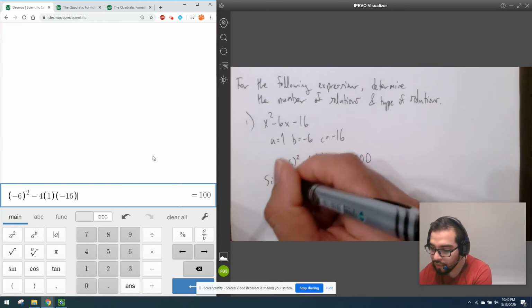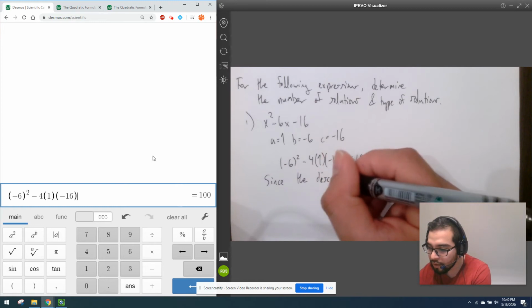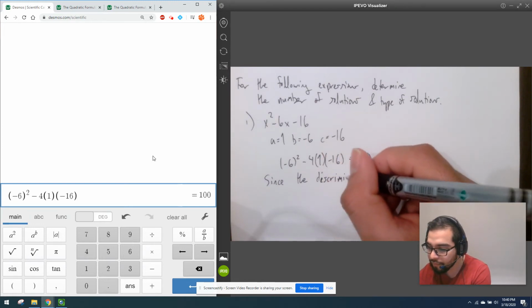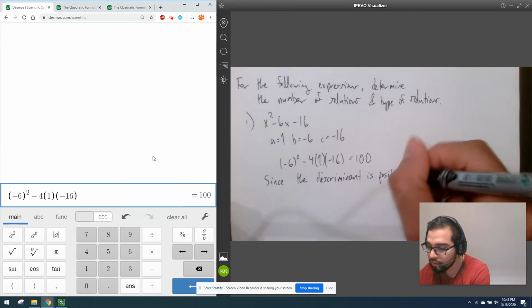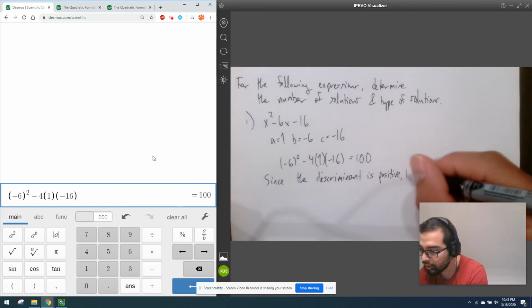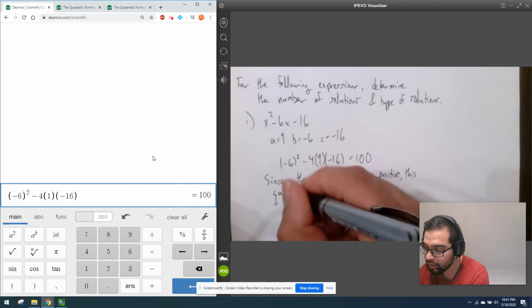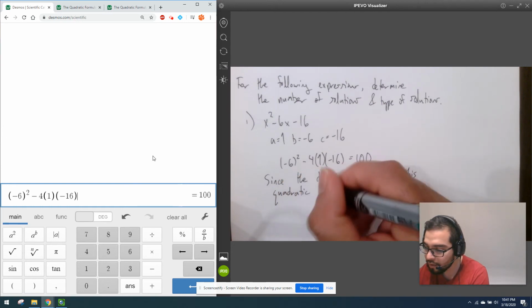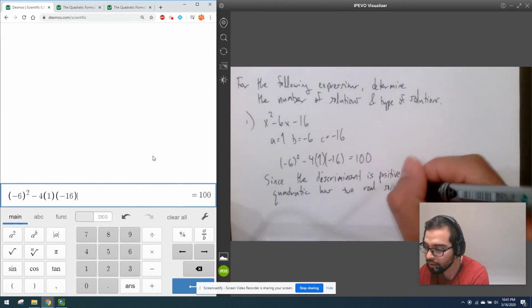Since the discriminant is positive, this quadratic has two real solutions.